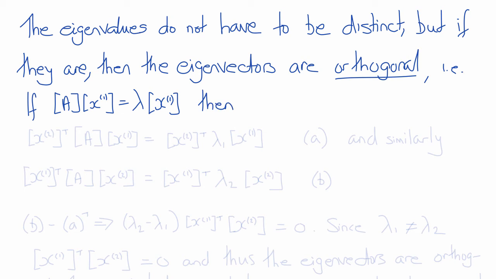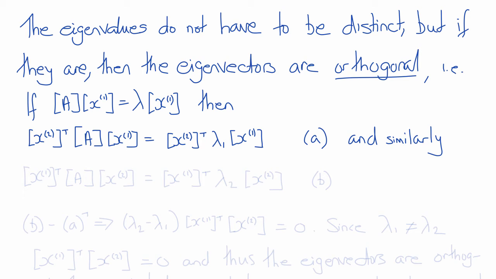Then pre-multiply this expression by x2 transpose to give us x2 transpose A x1 is equal to x2 transpose lambda 1 x1, and we'll label this equation A. Similarly, we can pre-multiply the eigenvector equation for the second eigenvalue by x1 transpose to get x1 transpose A x2 is equal to x1 transpose lambda 2 x2. We call that equation B.